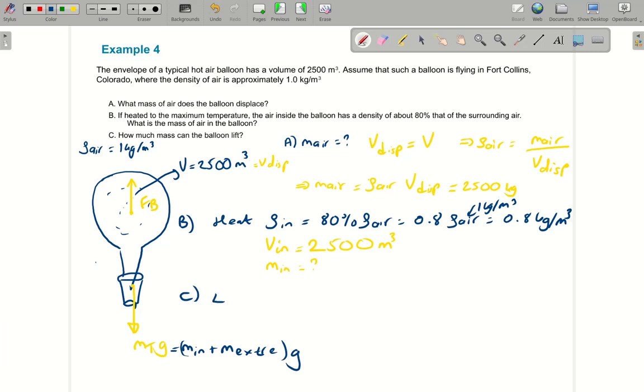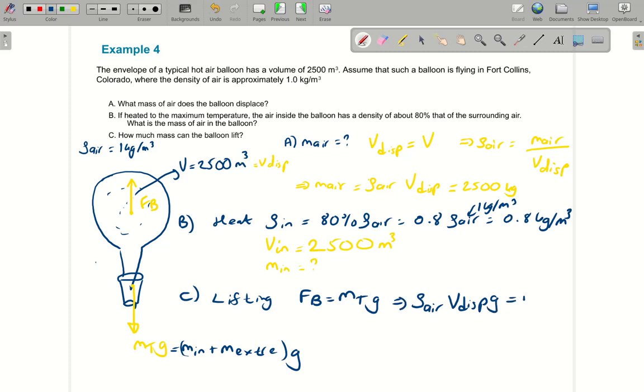For the lifting, F buoyancy should be equal to m total times g. Now, buoyancy is rho fluid, our fluid is the air outside, times displaced volume times g, right?